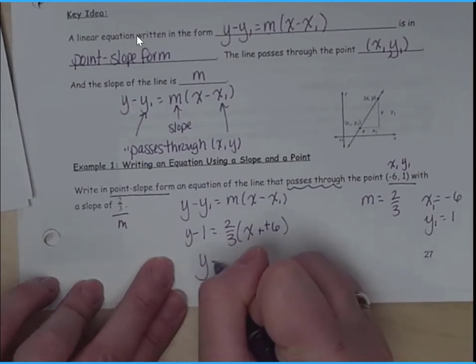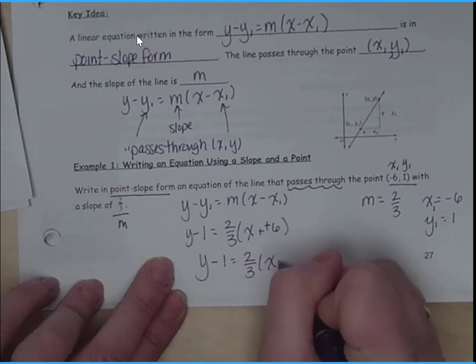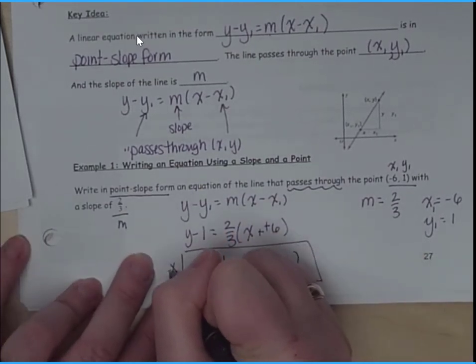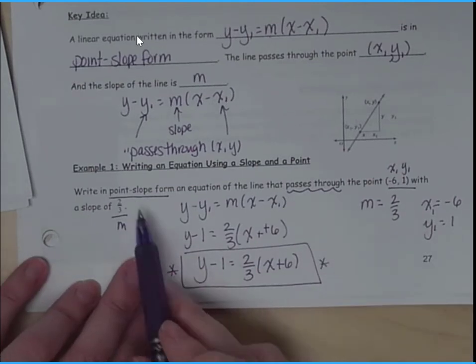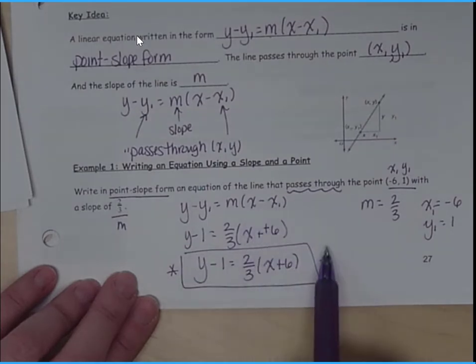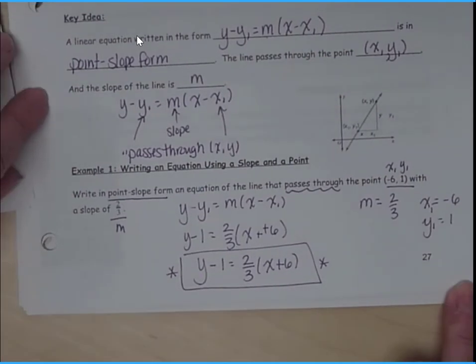All I'm doing right now is rewriting the equation using point slope form. That's it. Eventually, we're going to take this and turn it into slope intercept form. But right now I'm just rewriting my equation.